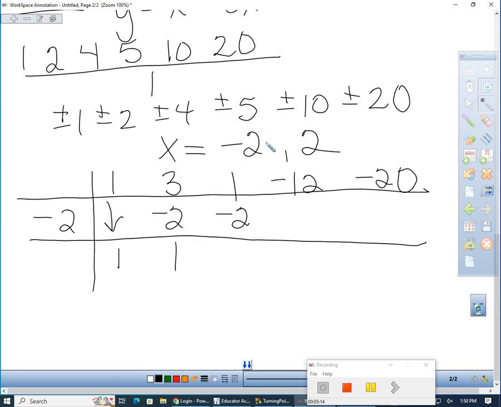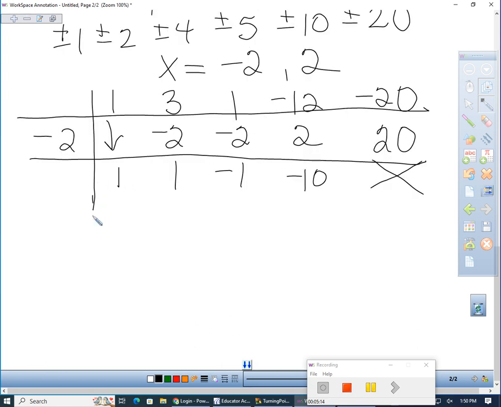All right. So 1 plus -2 is -1. -2 times -1 is +2. -12 plus 2 is -10. -2 times -10 is +20. And you have no remainder. I'm going to put an X there. You shouldn't have a remainder because they were zeros.